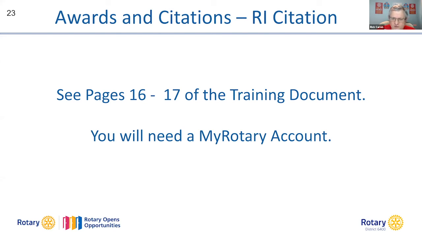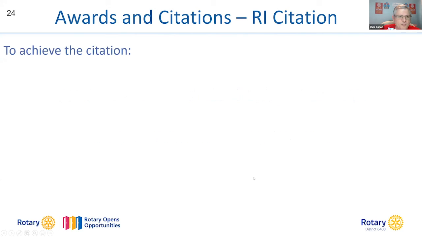And a little while ago, I sent them an email saying, please sign on. You effectively go to the Rotary International website and say, I want a My Rotary account. You don't even have to be a Rotarian to get one. You fill in your email and your name, and it sends you an email back, and you hit confirm, and that's it. You have a My Rotary account. So you need to do that in order to register your progress towards the citation.